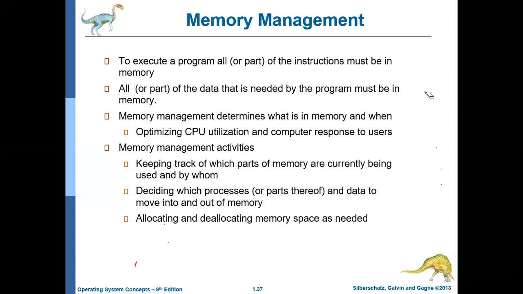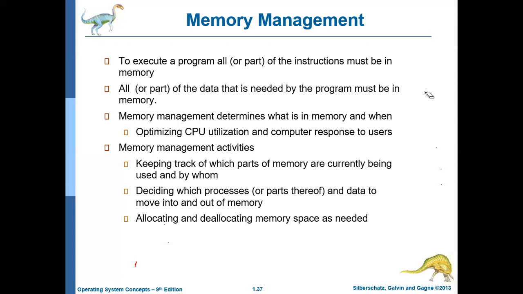CPU reads instructions from the main memory during the instruction fetch cycle, and it reads or writes data to main memory during the data fetch cycle. CPU can only access main memory directly. It cannot access hard disk directly. To process data, the data should be brought into main memory.